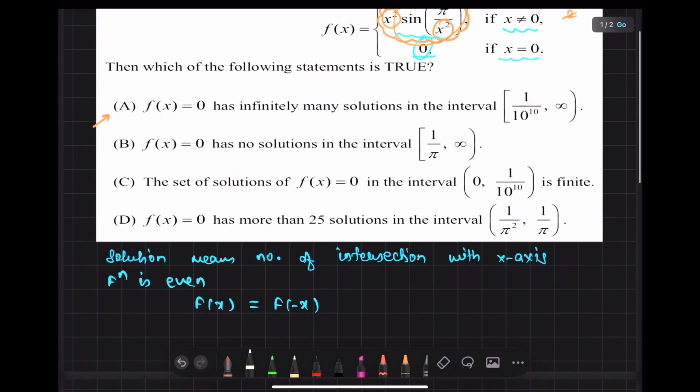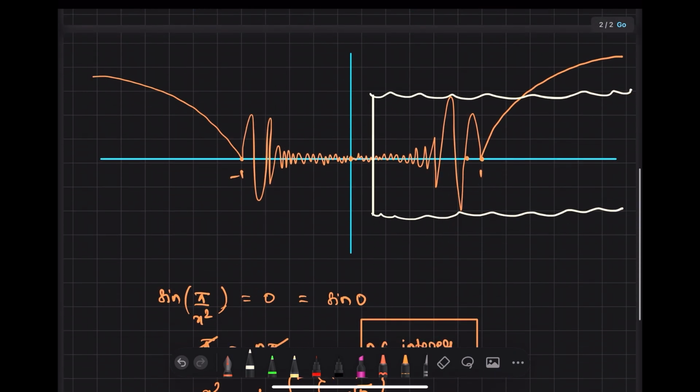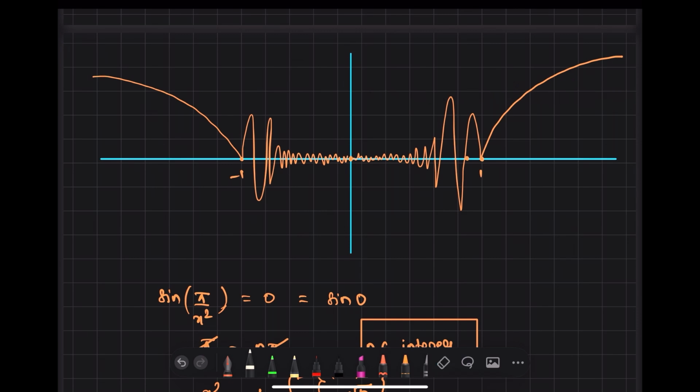Suppose the zeros start from this point and end at 1, and after 1 you won't have any zero. If something starts and something ends, it is finite.